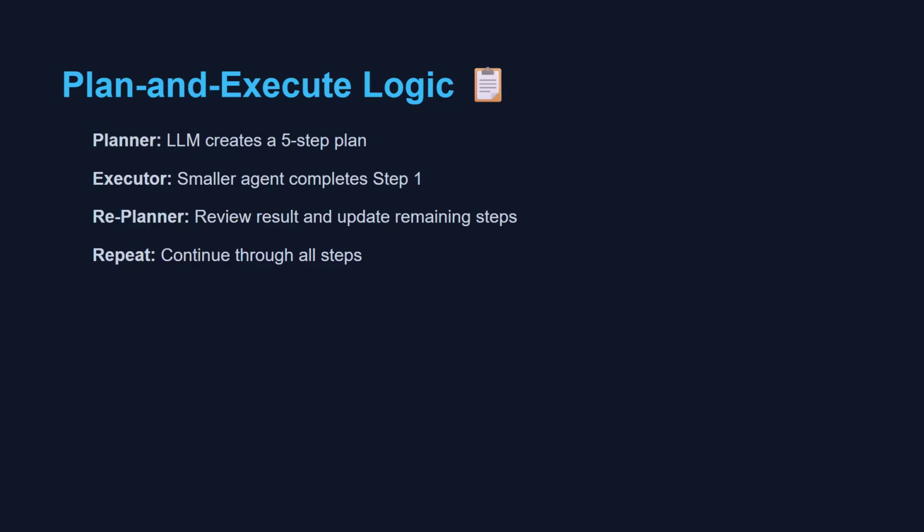Then we have the replanner: after step 1 is done, the planner looks at the result and updates the remaining 4 steps. And then it runs in a loop with repeat logic, and continues through all the steps.